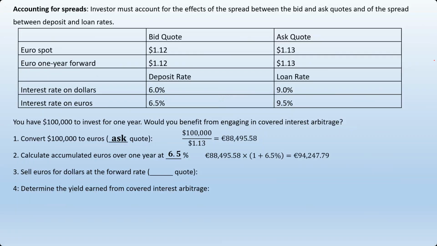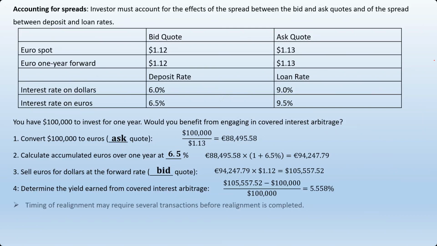We sell, which means the bank buys at the bid rate. So we're gonna multiply by 1.12, and we're gonna find that the return actually is lower than the interest rate on US dollars.